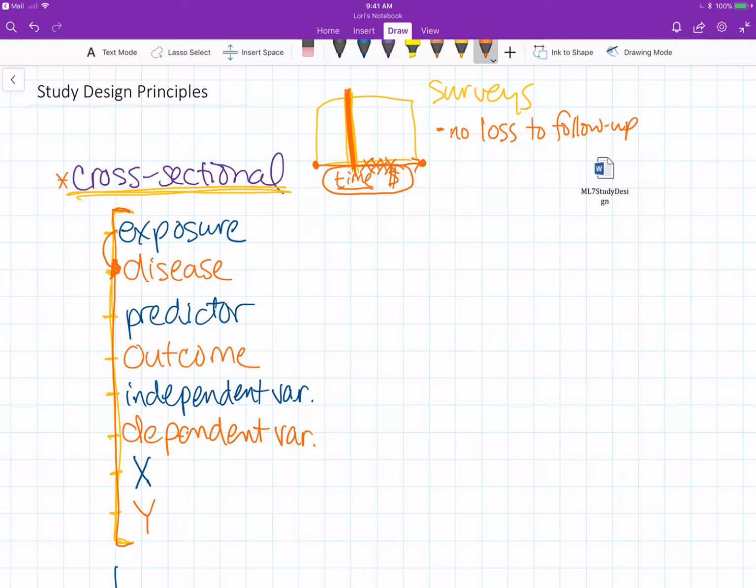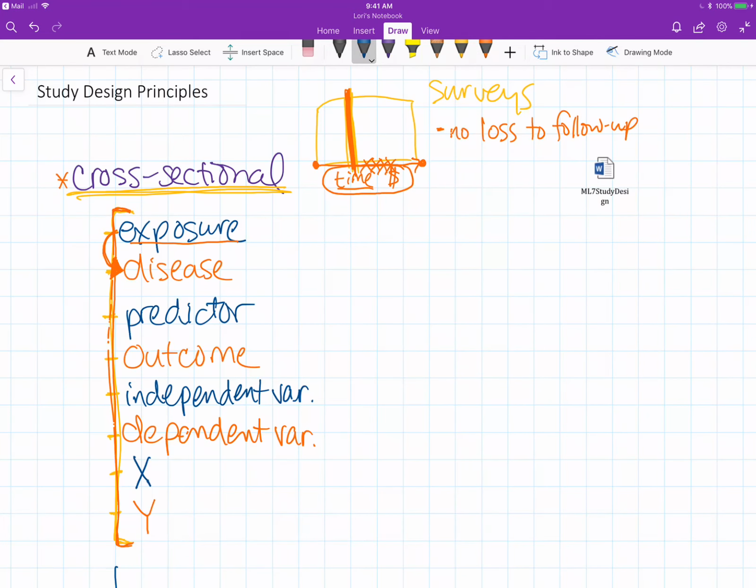And so this gets into a concept that we call causation or causality. If we collect it all at the same time over here on the left, then there was not time for that exposure to lead to that disease. And so we might be seeing an association that's not really there, or it's not causal.